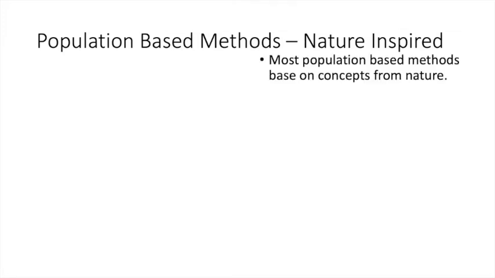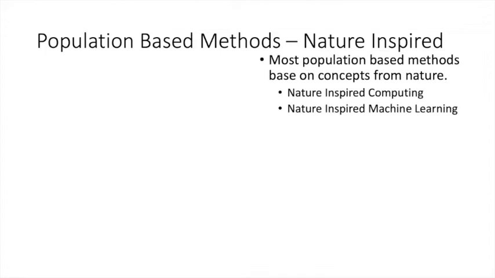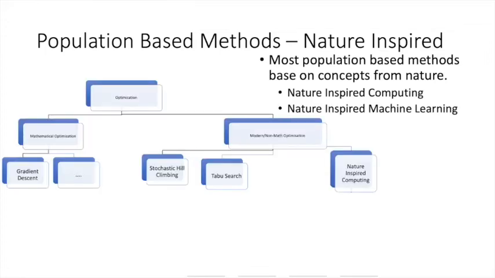Now, it turns out that population-based methods often are inspired by nature. This is why they are also called nature-inspired computing or nature-inspired machine learning. So if you recall the categories of optimization methods from the first video on Introduction to Modern Optimization, you would recall that we mentioned some names.